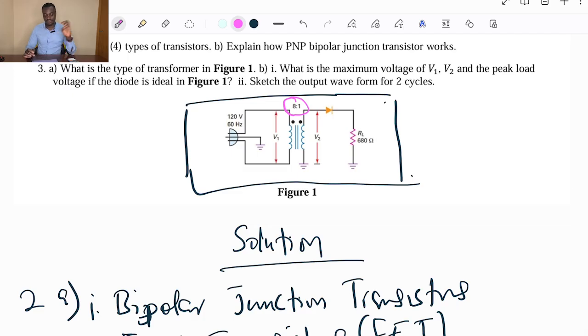you have a primary side of the transformer, which in that case is going to be a very high value. So let's say 8, and from that 8 it is reduced to 1. So if a transformer has a ratio of 8 to 1, it means that this is a step down transformer. From 8, a very high value, it now goes to 1.